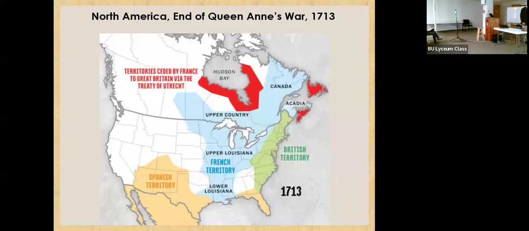So after Queen Anne's War, there's now a transformation. Noticed in red, territory ceded by France to Great Britain. Notice that it's in Canada around Hudson Bay. You have a portion of Acadia, Newfoundland region, that's taken over.